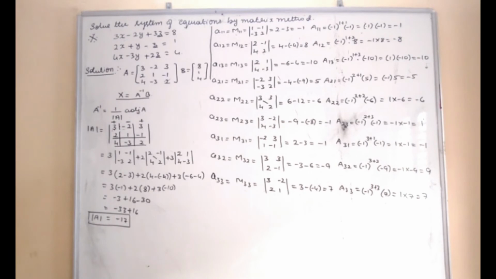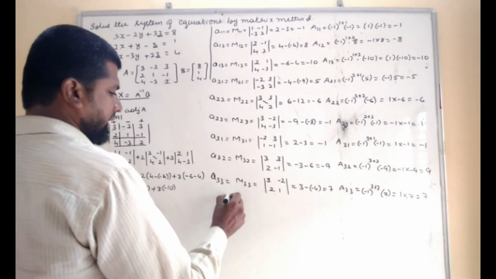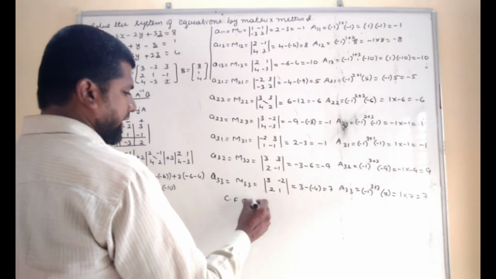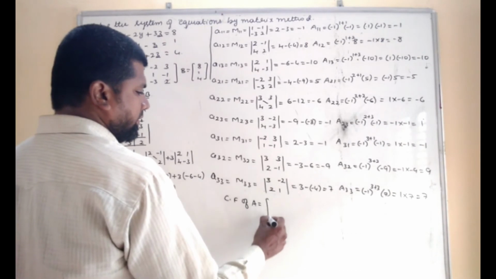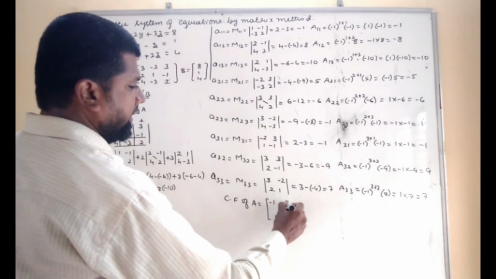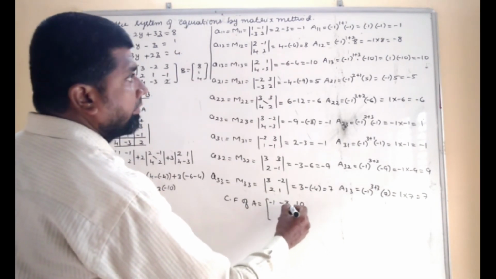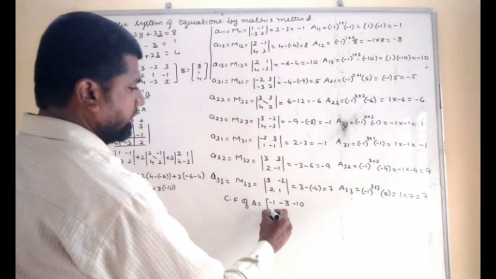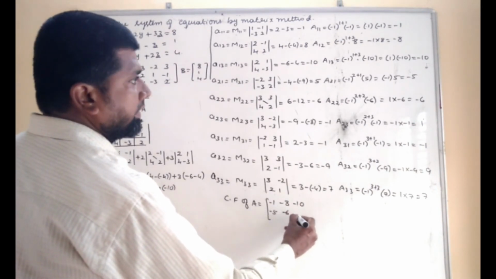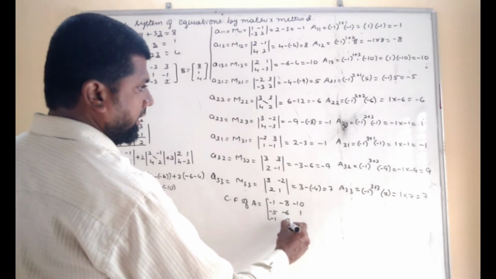So we have got the cofactors. Let us write the cofactors in the matrix. Cofactor of A is equal to minus 1, minus 8, 10, then minus 10, minus 5, minus 6, 1, then minus 1, 9, 7.